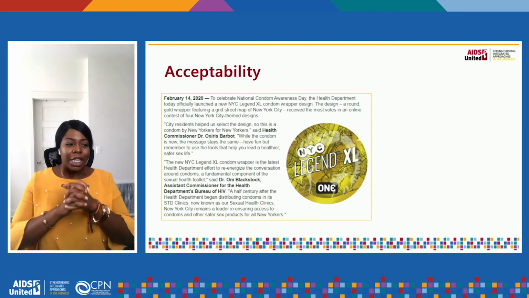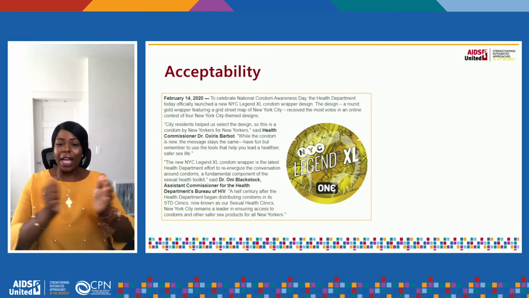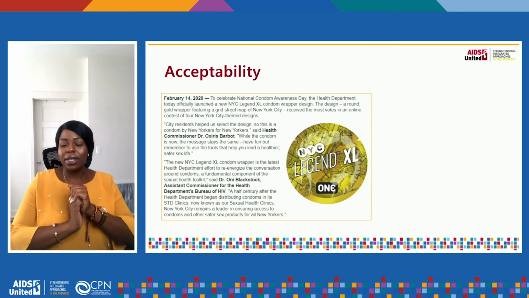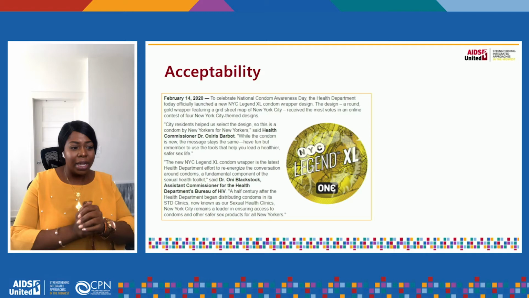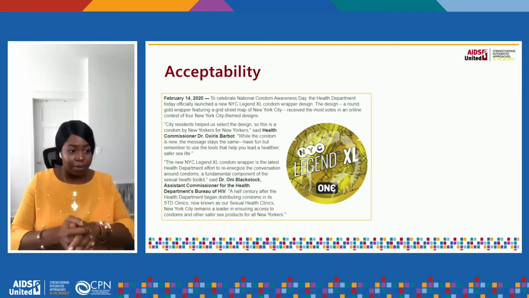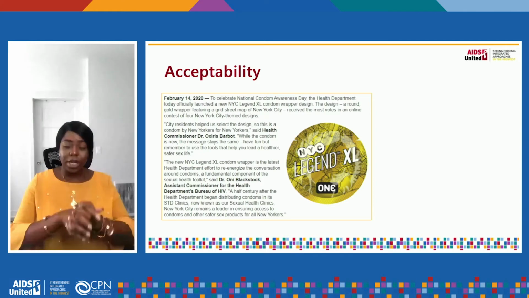So accessibility. The health department had begun distributing condoms in 1971. In the 1980s, they identified a need to have condoms available at HIV service organizations, right? So in the early 2000s, there was a clear need to make the condoms more widely accessible.